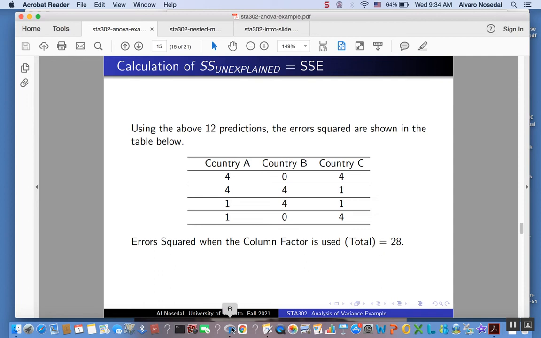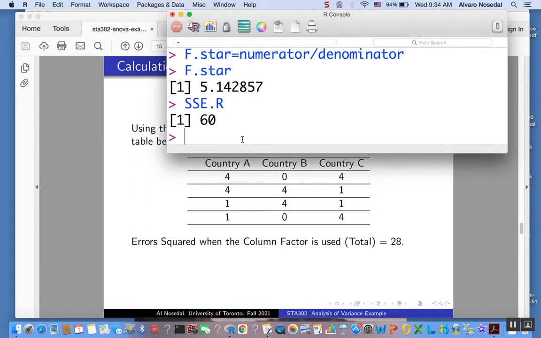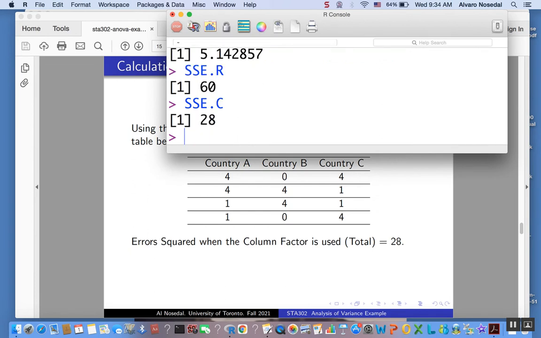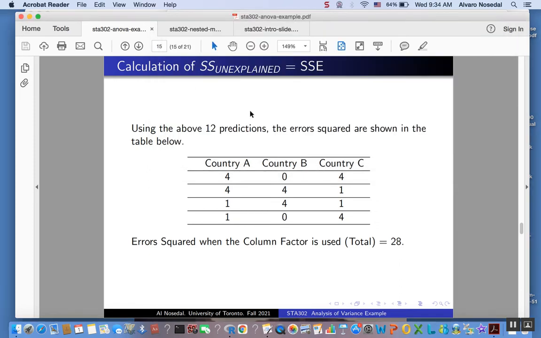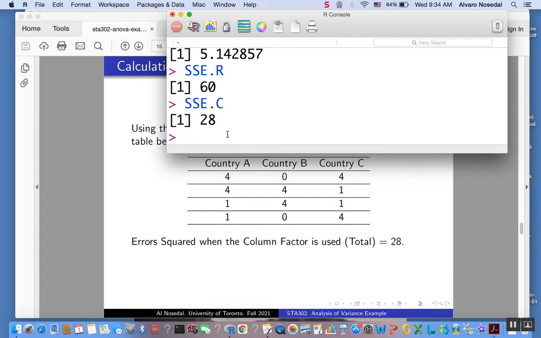SSE of the complete model, 28. So what they call the sum of squares unexplained is SSE, the sum of squares for the error for the complete model.